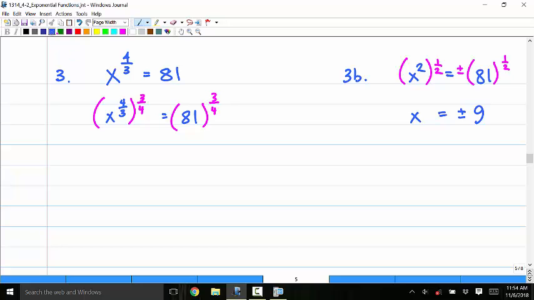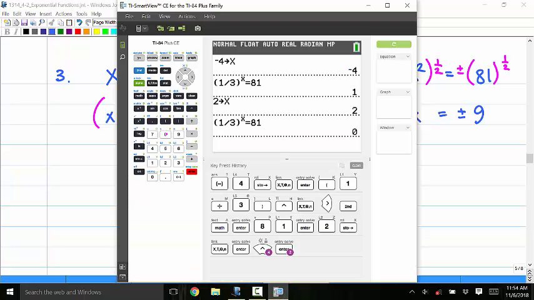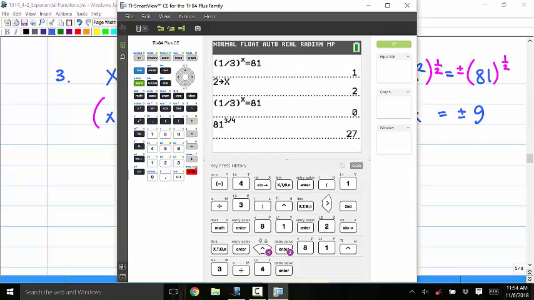If I do that, 4/3 times 3/4 is 1. Now, what is 81 to the 3/4 power? And most of you go like this. 81 to the 3/4 power is 27.